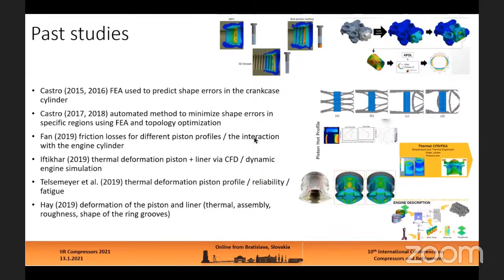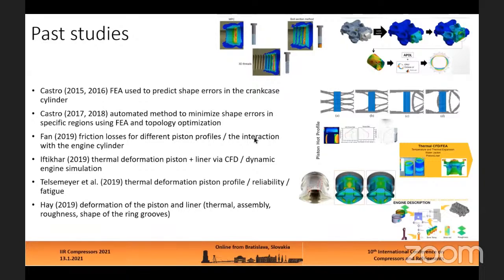And we did find that yes, each simplification is having a significant effect on the prediction of the cylindricity errors. And we also showed here how to calculate those amounts using the results of the finite element model.